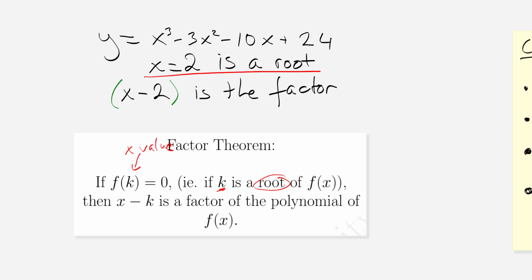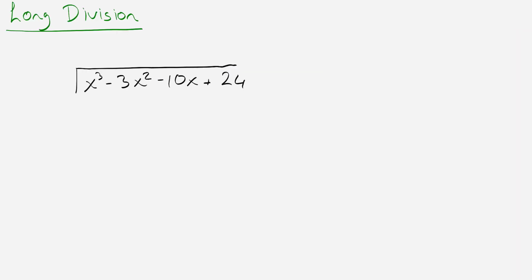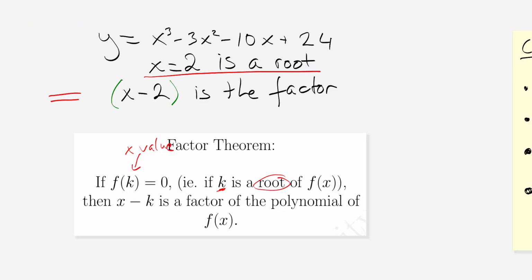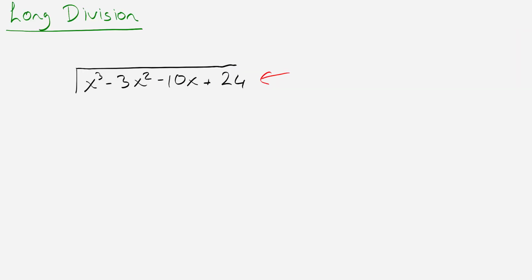The next step is then to do some long division. So we're going to take the function that we have and do some long division to help us factorize it, to find the other factors. Now remember, we just found out that x minus 2 is a factor of the function. So going back to my long division, I know that x minus 2 should divide into this function.